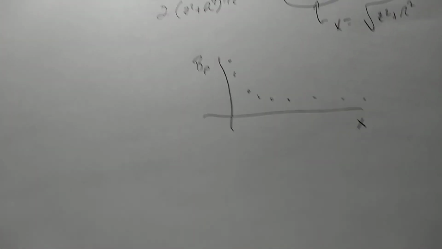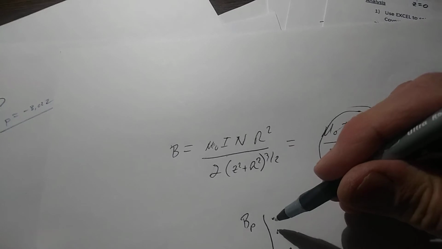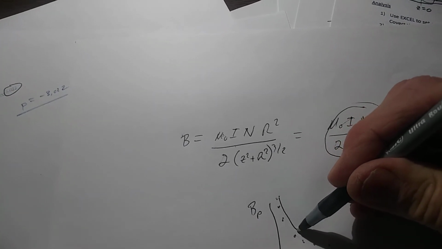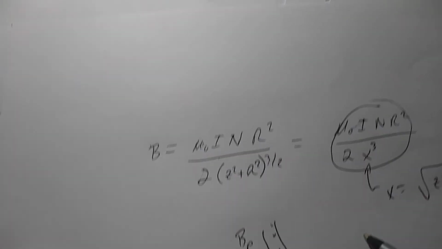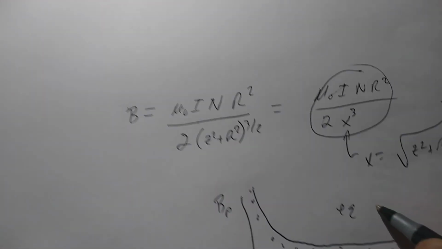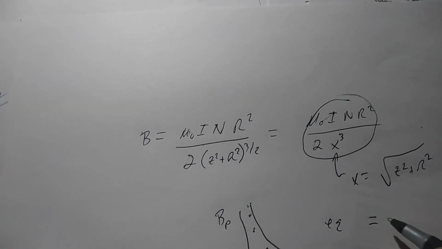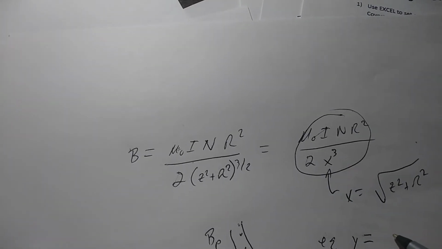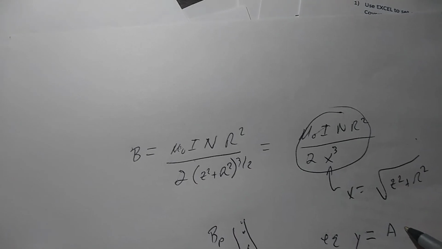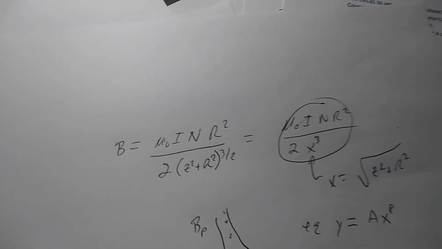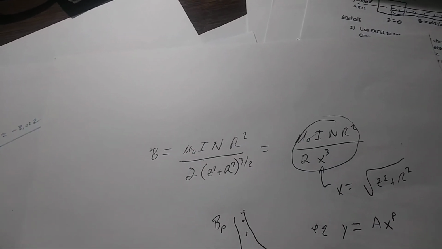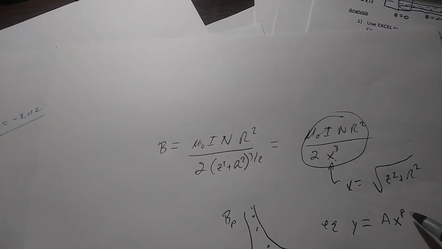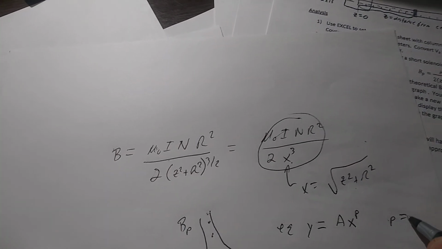If you fit a power curve to it, the equation that you display is going to be basically y is equal to a times x to some power. P should be equal to minus 3 if you did it right.